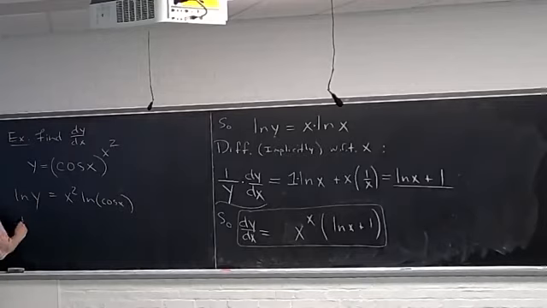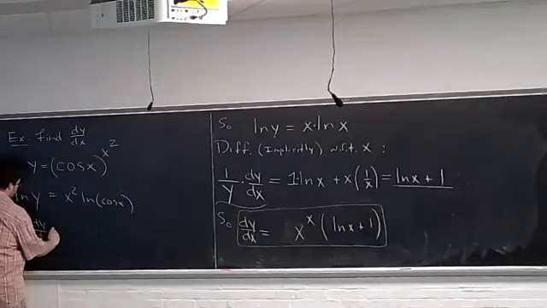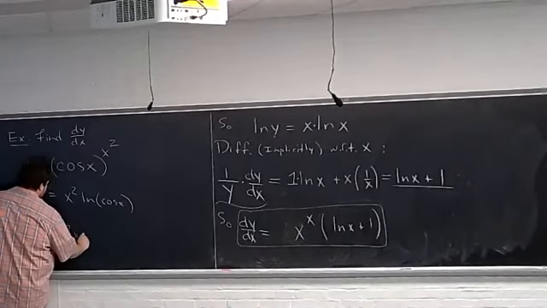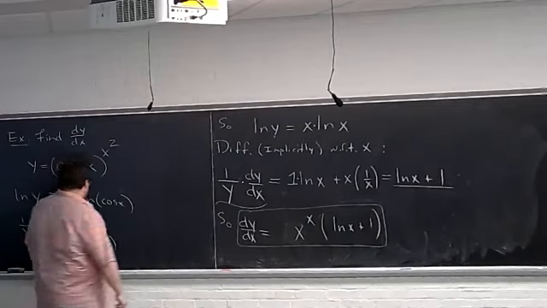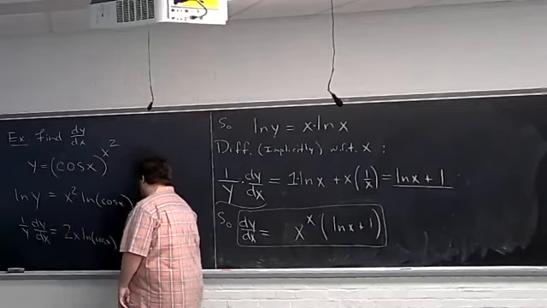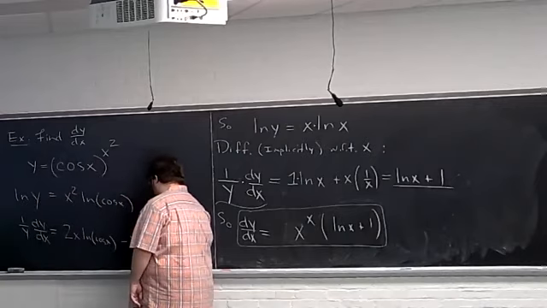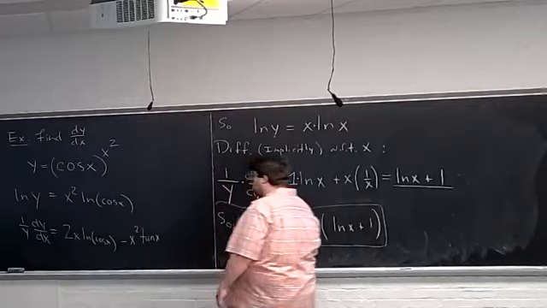On the left side, you're again going to get a 1 over y times dy dx. On the right side, again, we'll have a product rule show up. Derivative of x squared is 2x, minus x squared tangent x.